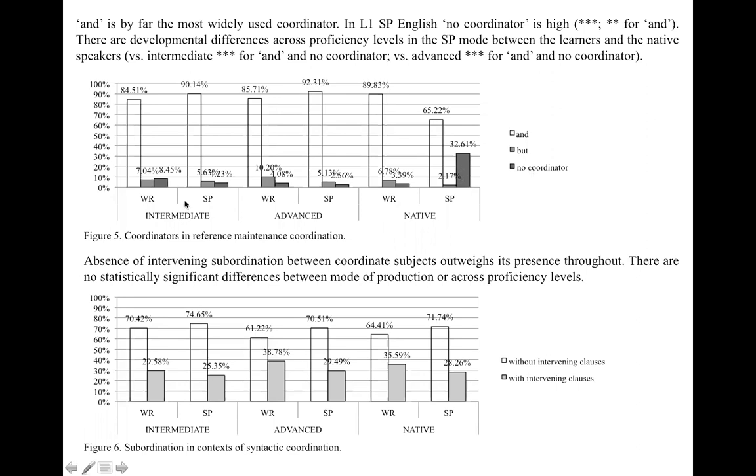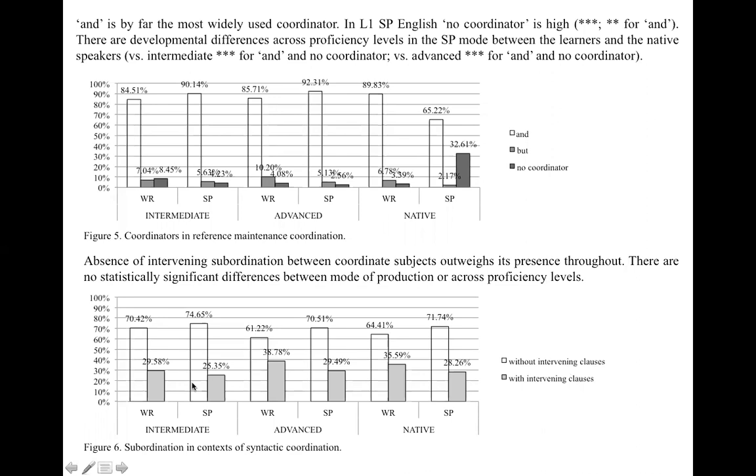But what is interesting is that this doesn't happen in the other batch, where longer chains of coordination were also present. So it may be the case that native speakers use juxtaposition more than the learners, specifically in the spoken language. In the next figure, in figure 6, I'm looking at the presence of intervening subordinate clauses.